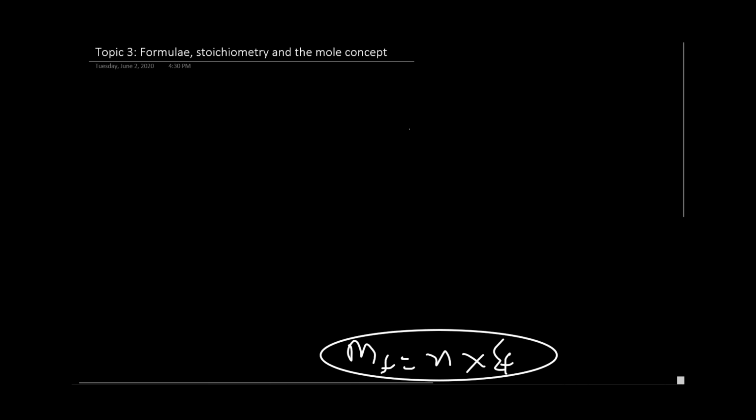Basically, we are told that in an oxide of phosphorus, you have 1.55 gram of phosphorus, P, and 2 grams of oxygen.